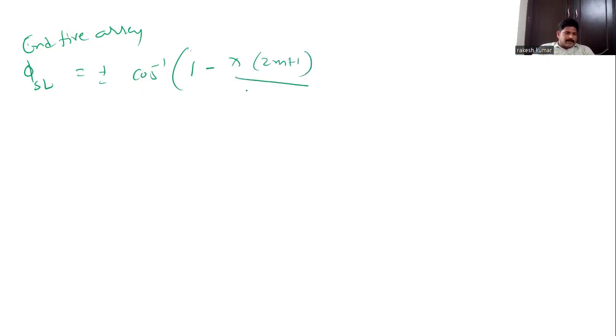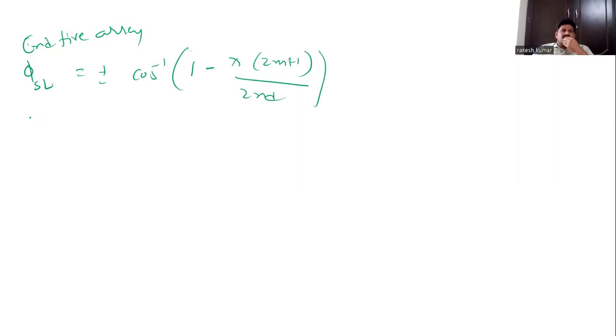Now similarly, let us calculate the side lobe direction for the end-fire array. What is the formula for the side lobe direction? It is equal to plus or minus cos inverse of 1 minus lambda into (2m plus 1) by 2 n d.